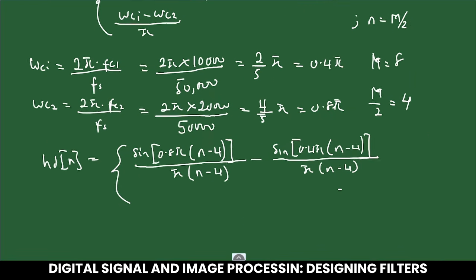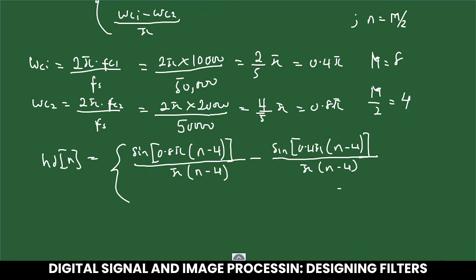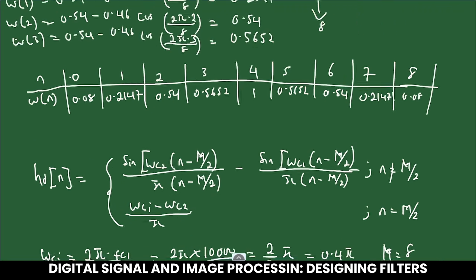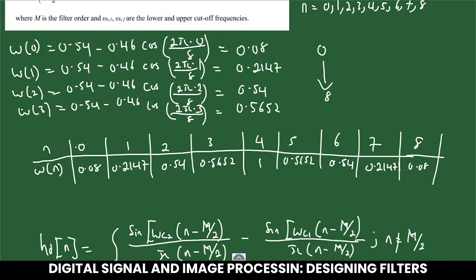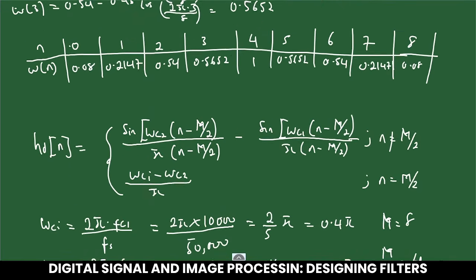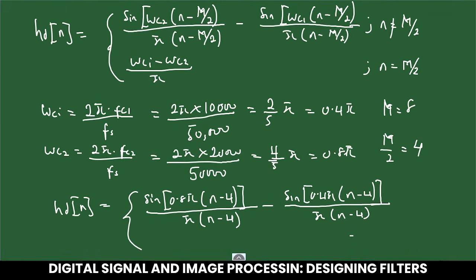And then we have the lower one. The lower one is WC1 minus WC2, sorry, I think it's supposed to be WC2 minus WC1. Let's confirm from the question. Yes, WC2 minus WC1, so there's an error here.